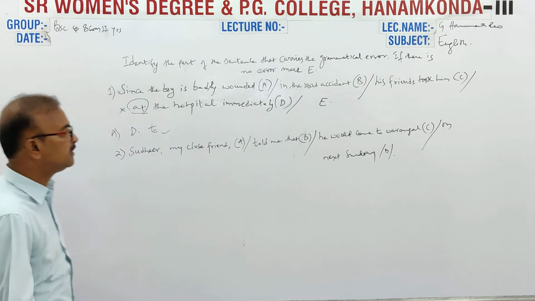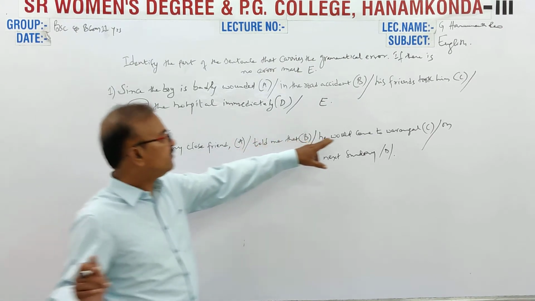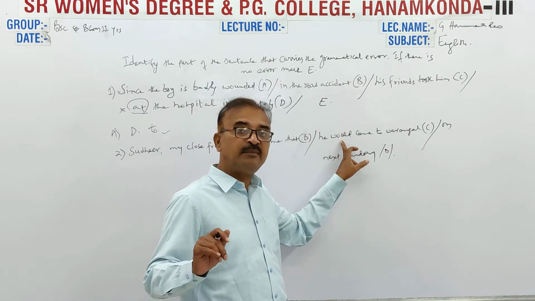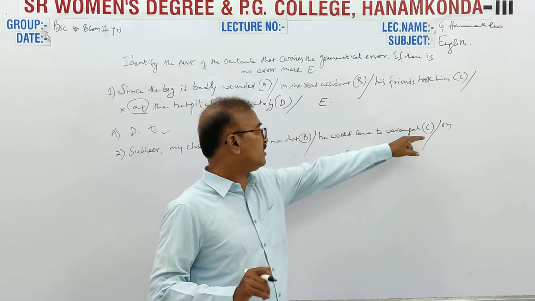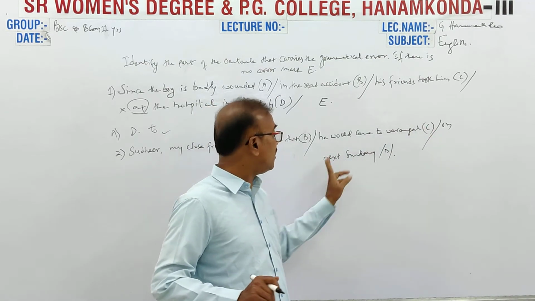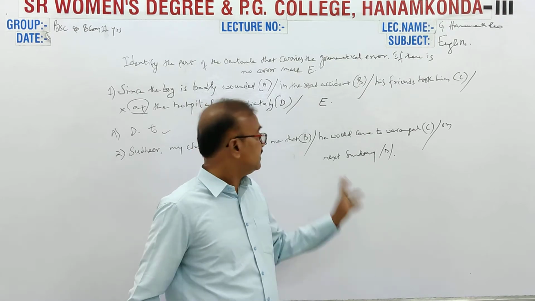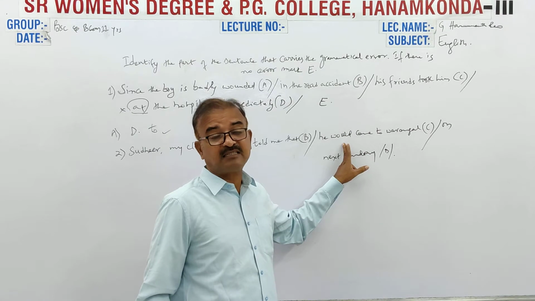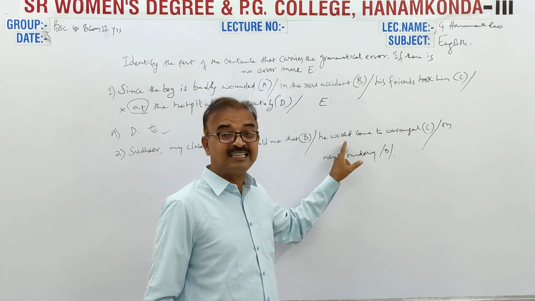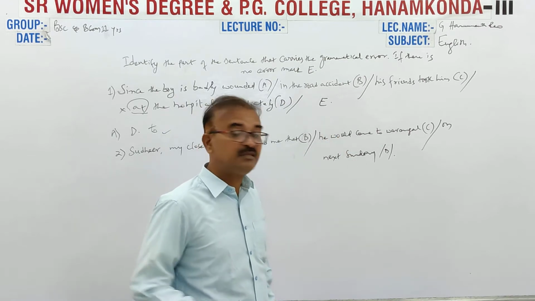Now check this one, girls. So here, he would come to Warangal. This one, W-O-U-L-D, would is the past form of will. Why? Because here in part D, on next Sunday is future tense, and here would come is past tense. Two contrasting tenses in one sentence. So here would is the mistaken thing. Why?